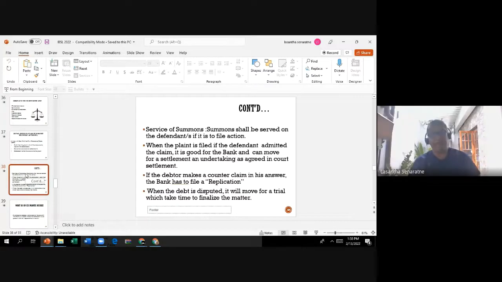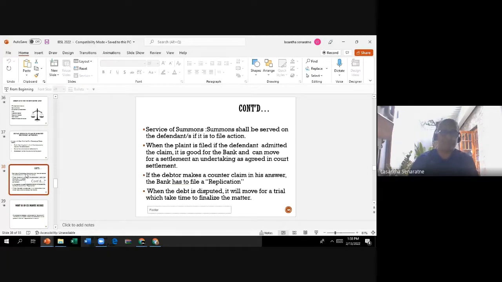Debt recovery is simply for the banking sector. Debt recovery laws were introduced in 1990. At that time, Mr. N. U. Jayawardhana was the governor, and in order to protect the bankers' interest, and to ensure that the banker could recover outstandings within a short period, they introduced debt recovery provisions. One of the debt recovery provisions we are using is parate auction.